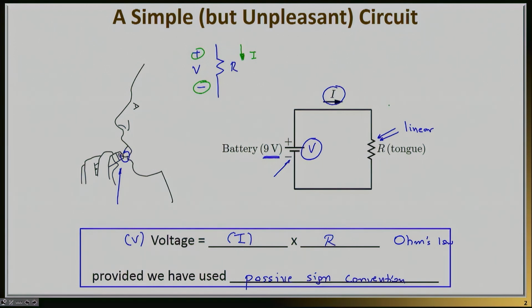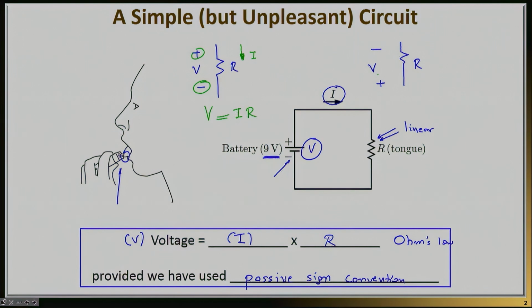So if you have written down the current I such that the direction of the current goes from plus to minus, then indeed you can write the equation V is equal to IR. On the other hand, if you take exactly the same example, so the same resistance, but now you apply a voltage difference that is the opposite polarity of what you had before, clearly the current will reverse polarity.